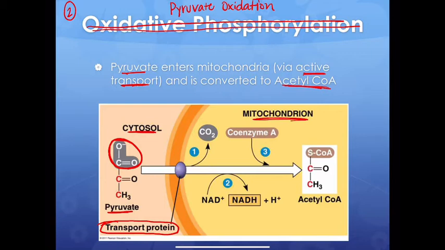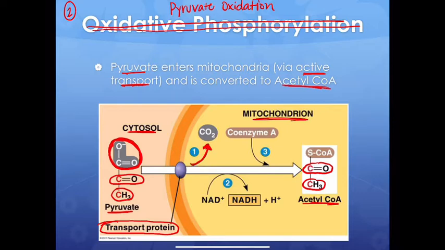So if you compare the structure of pyruvate to acetyl-CoA, you see they both have a CH3, a methyl group. They both have this C double bond O, which is a carbonyl group. And then pyruvate also has this CO2, which it loses, and you see that here.